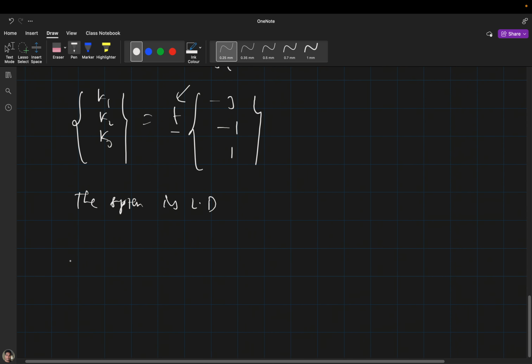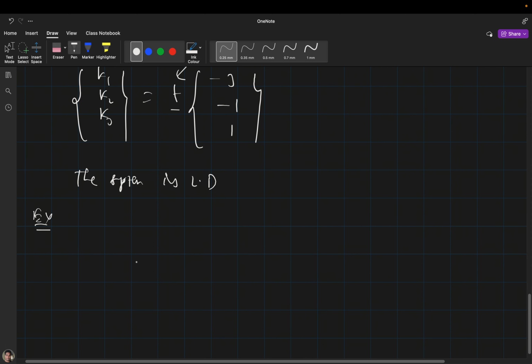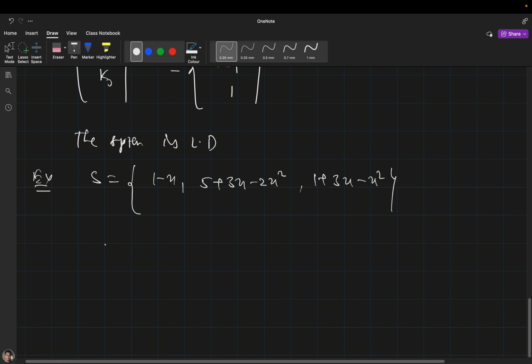Yeah, fine, sir. So you can also take one more example and you have to solve this. Suppose you have the system S equal to the set of 1 minus x, 5 plus 3x minus 2x square, 1 plus 3x minus x square, and check whether the system is linearly dependent or not.